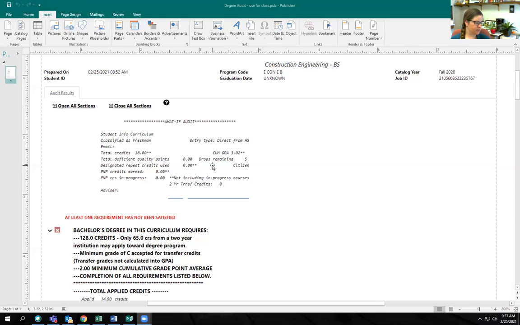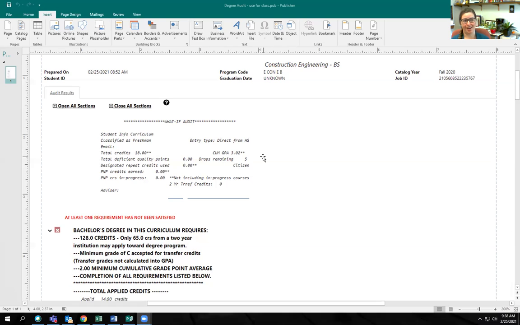So the other thing that we can keep track of in here is your GPA. This keeps track of your cumulative GPA, and the cumulative GPA is everything that you've taken at Iowa State. So if you take some classes for fun, something that you just want to learn about but doesn't really apply to the major, those grades will show up in that cumulative GPA.